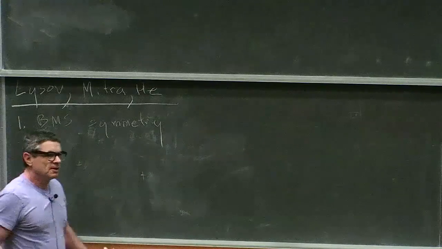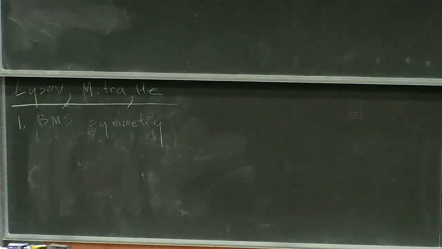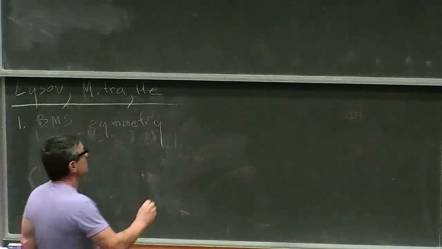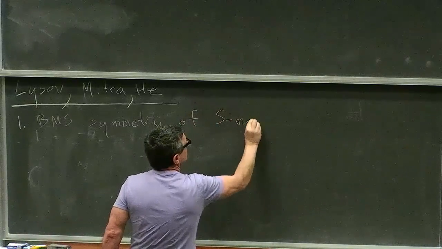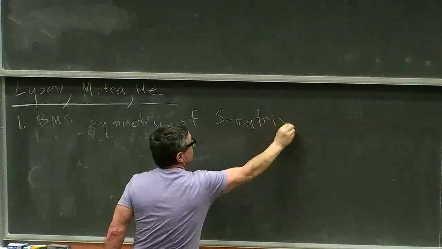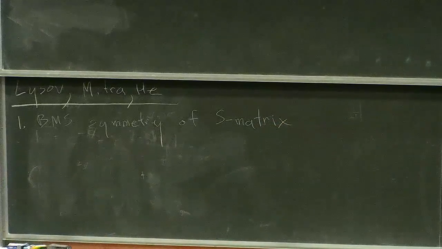So I'm going to say that there's a kind of generalization of BMS symmetry, which I'll describe explicitly, which gives us an infinite dimensional symmetry group of the S matrix, or classical gravitational scattering, in four-dimensional Minkowski space.